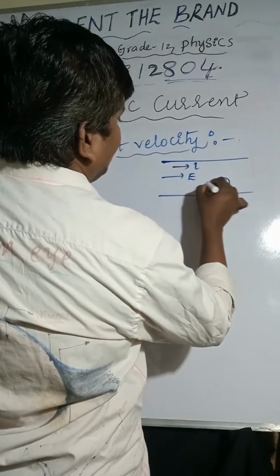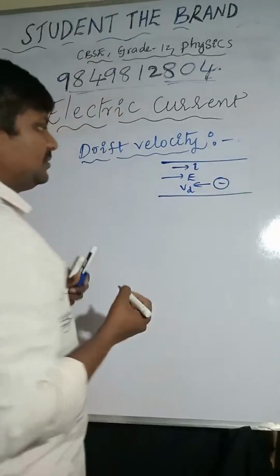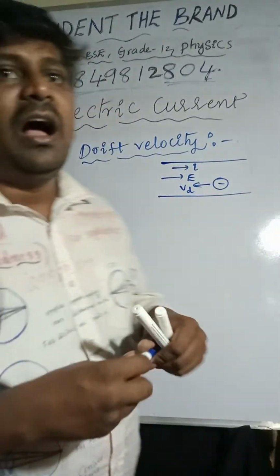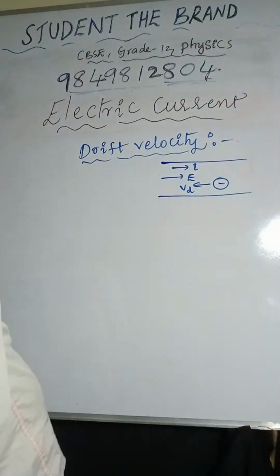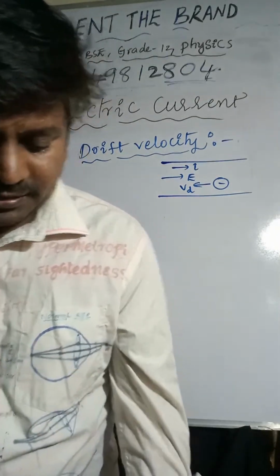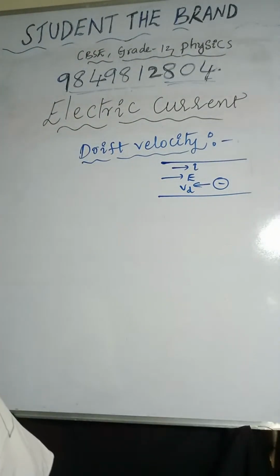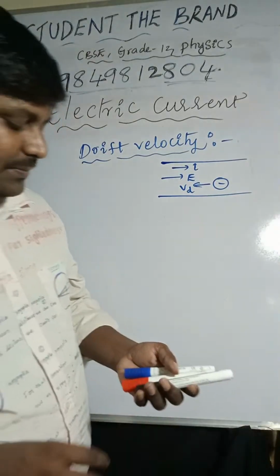I'm taking the velocity of electrons. Electrons are moving in a particular direction, opposite to the electrical field. I hope it is very clear. Opposite to the electrical field, electrons are moving.